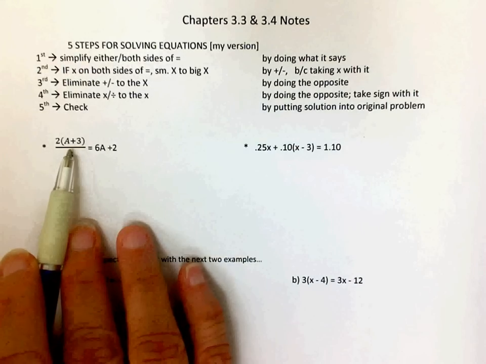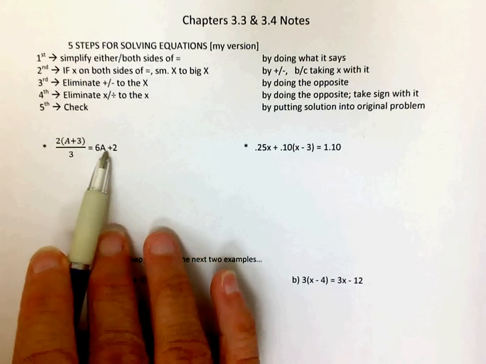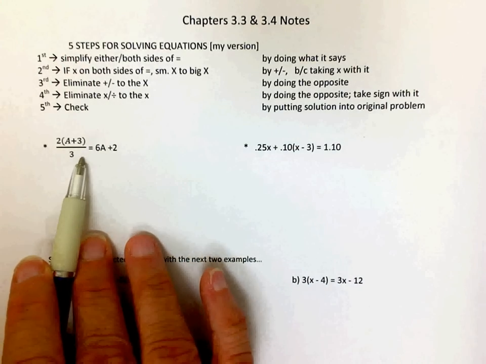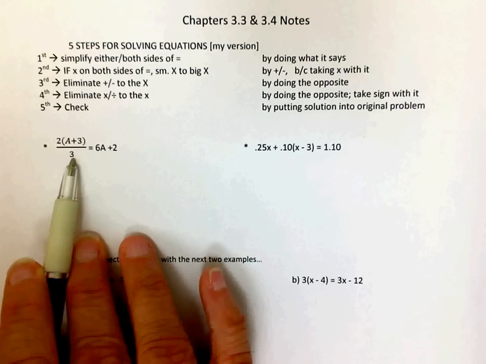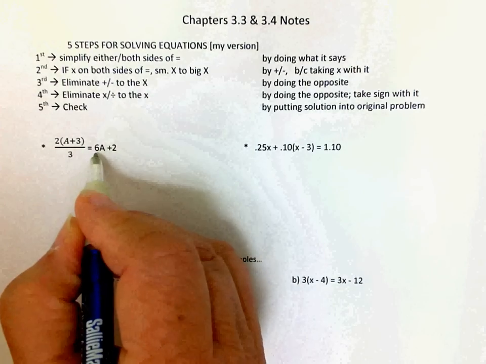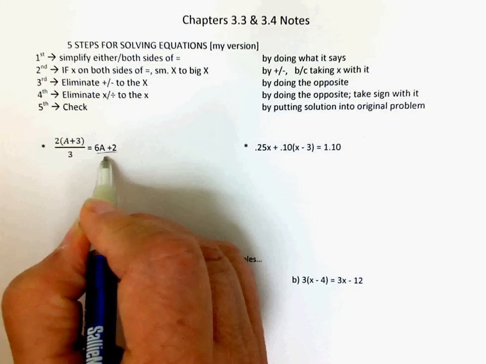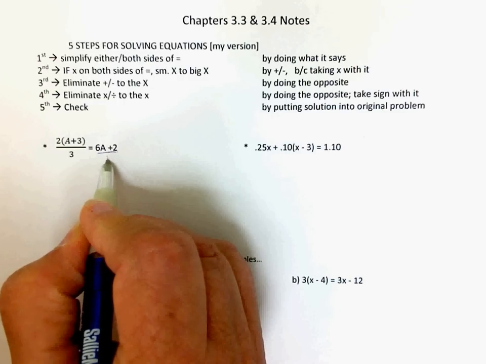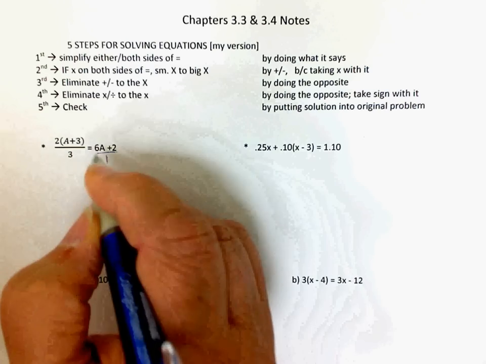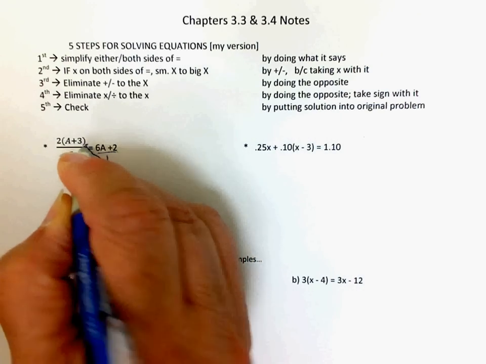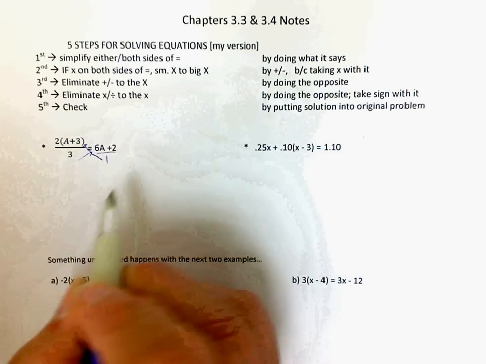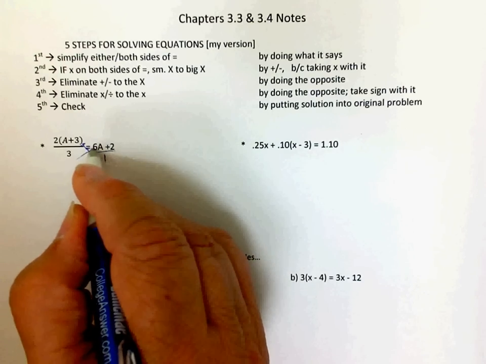Now, there is a little sneak when you've got a fraction with a number on the bottom and you've got one or two terms over here. A whole number is considered a fraction over 1, and now we can use the shortcut of cross multiplication.